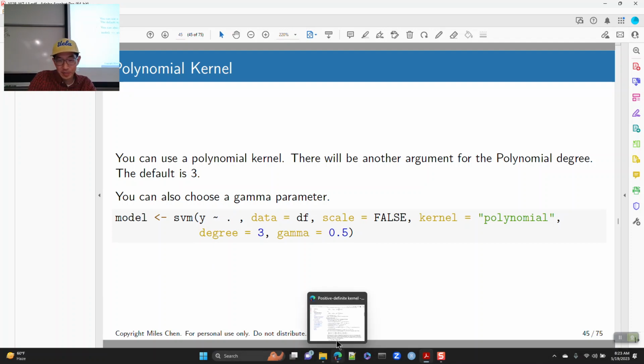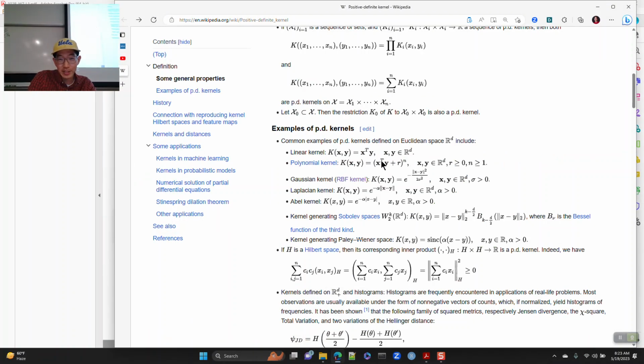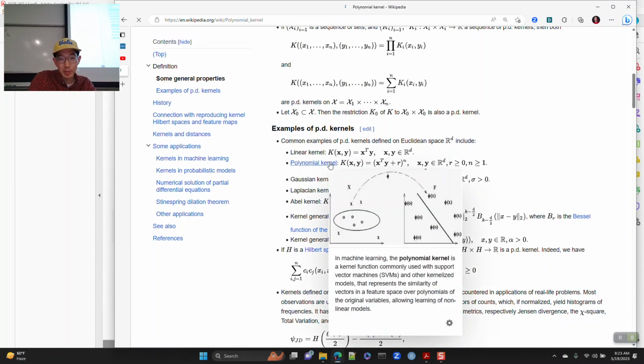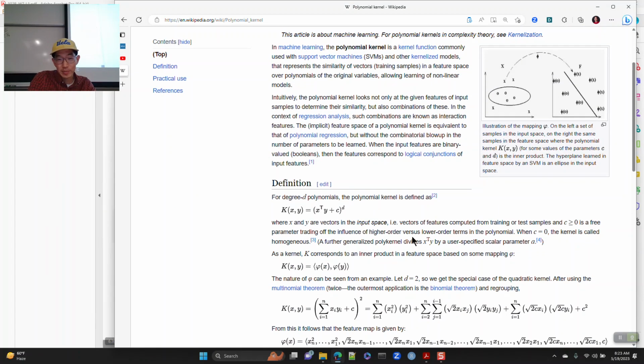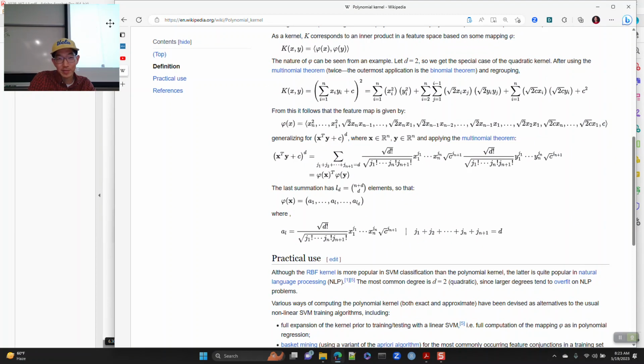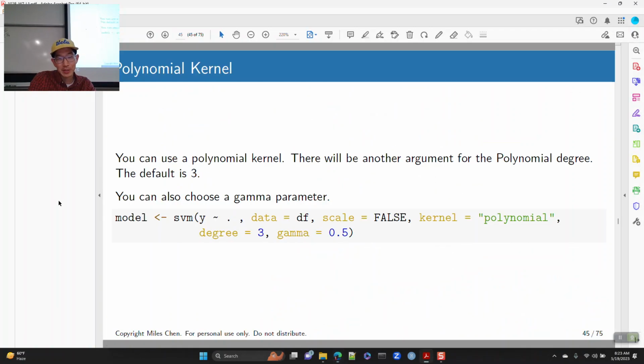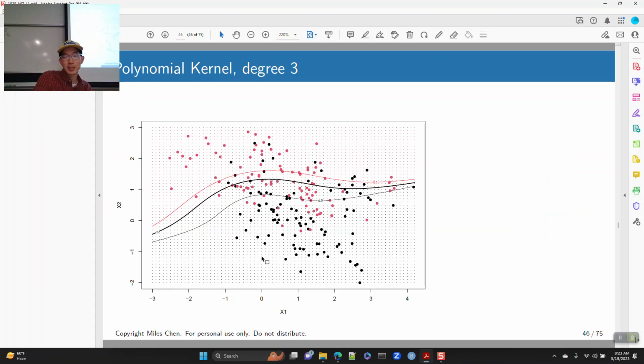To what value do we set the degree up here with a polynomial kernel? The math gets wonky here, and we have different values we can use, and you can just play around with some of these things.